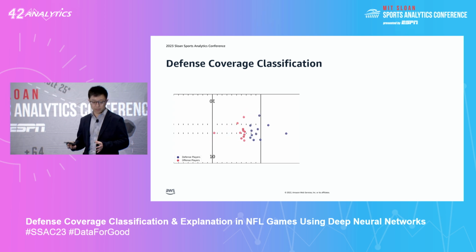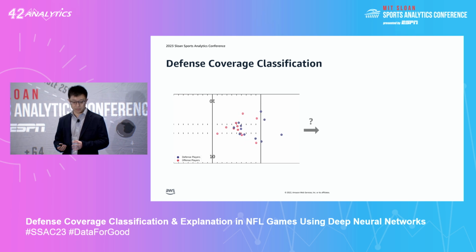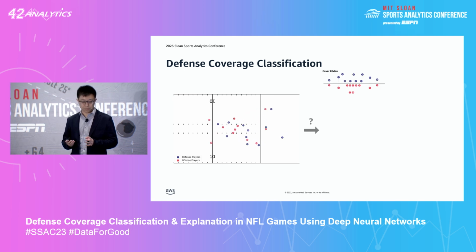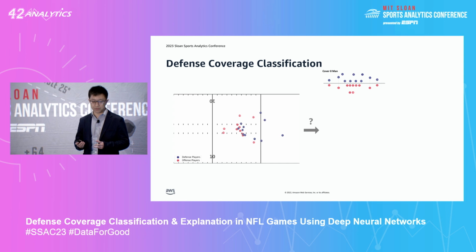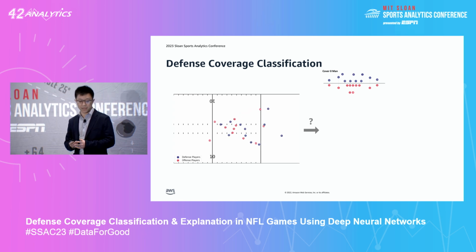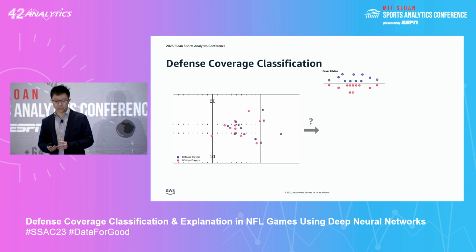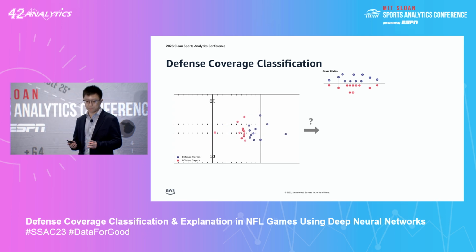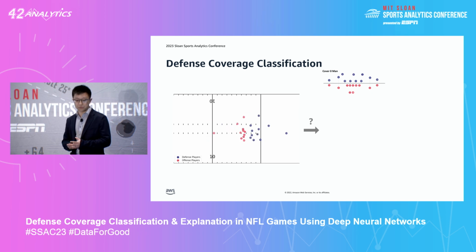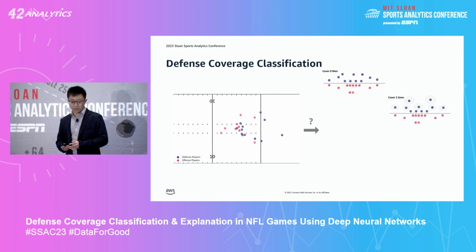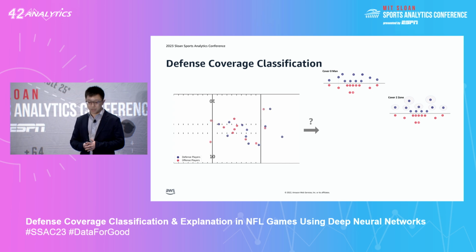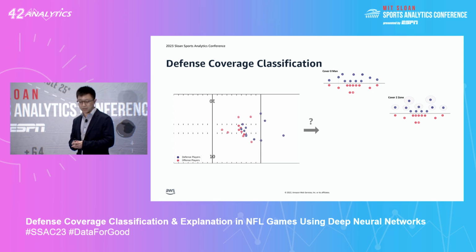And our objective for coverage classification is exactly to put the play and the defensive strategy into one of the 8 common coverage classes. For example, we have cover 0 man. This is a typical type of man coverage, where each defender is responsible for a specific offensive player, and they tend to follow them throughout the play. Another example is cover 2 zone. This is a type of zone coverage.